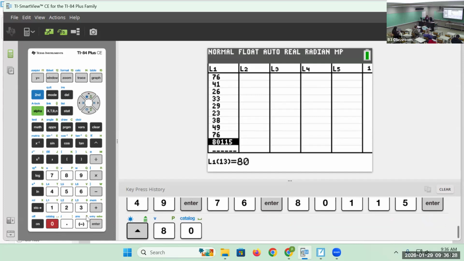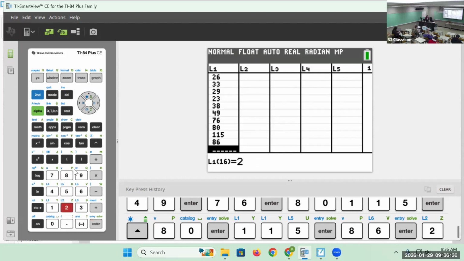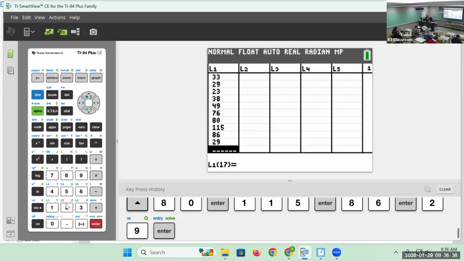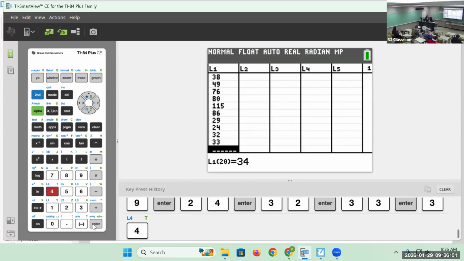So it should be 80, enter, 115, enter, 86, 29, 24, 32, 33, 34. So that's the next 10, should be the 20th entry.